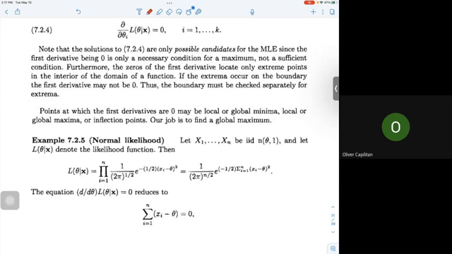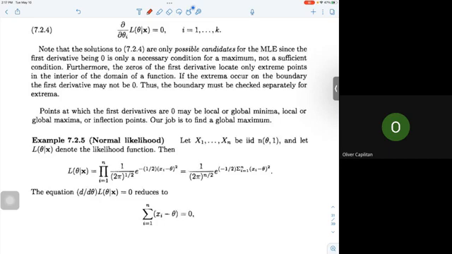If you can still remember in calculus, if you are given a function, then if you take the derivative of this function with respect to a variable, say variable x, and then equate that to 0, then we could determine the possible critical points of our function.